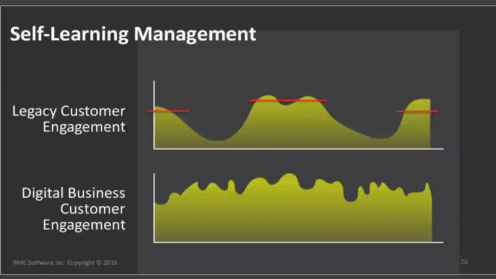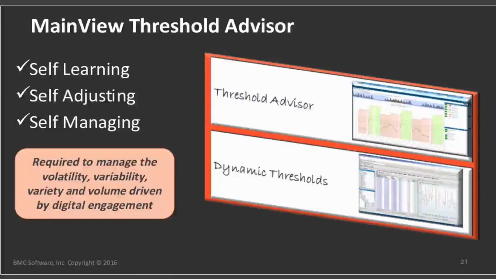Now, we don't know that anymore. The digital pattern, and there really is a pattern, it's just a new pattern, it's more volatile, we have to learn it and figure out what it is. That digital pattern needs to be managed with the threshold approach as well.